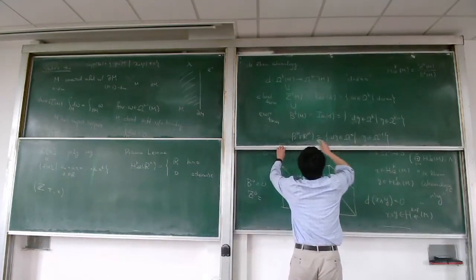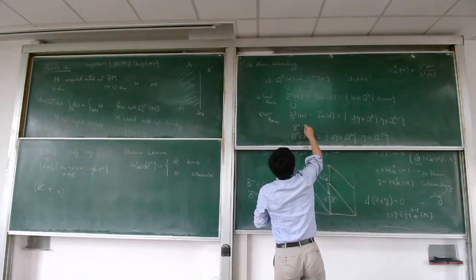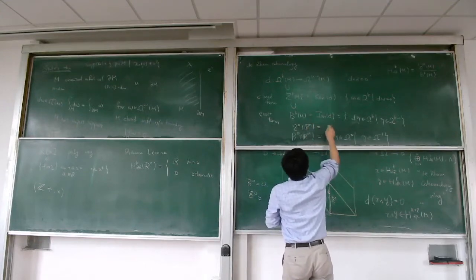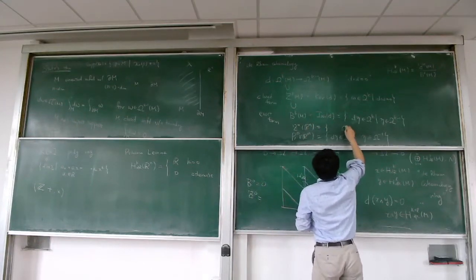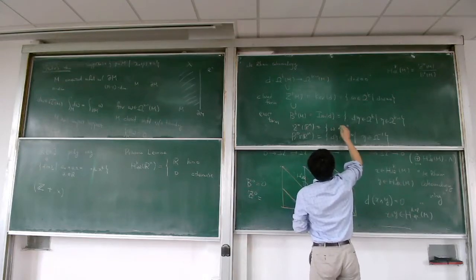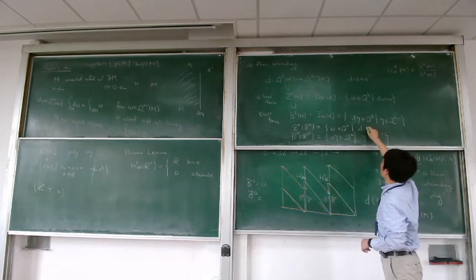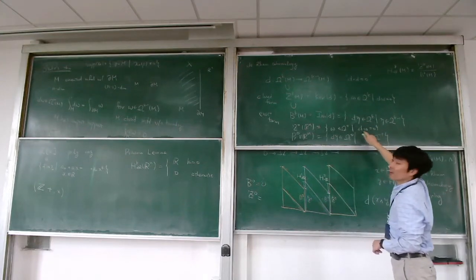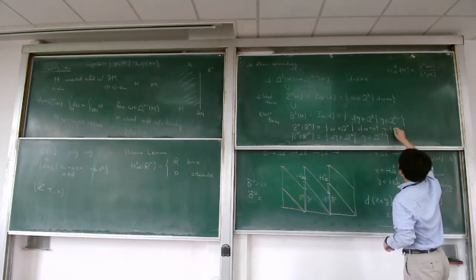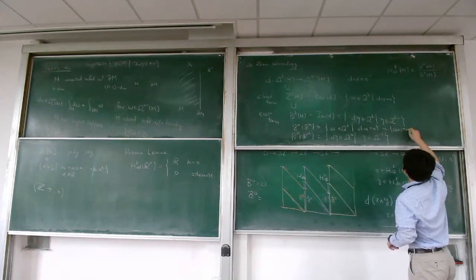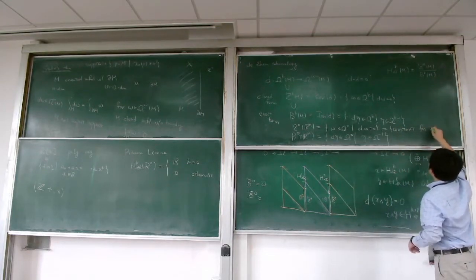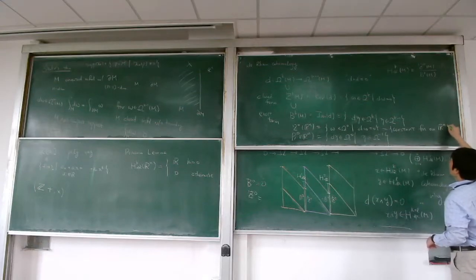So Z0 of R^n is some function omega 0, and when you apply d omega, you get 0, which means it's just a constant function on R^n.